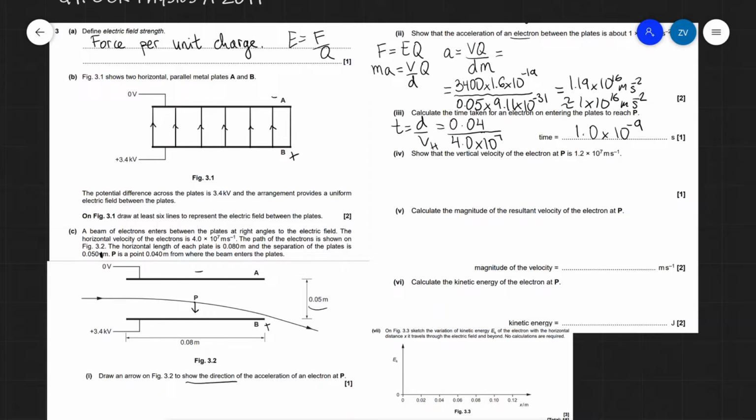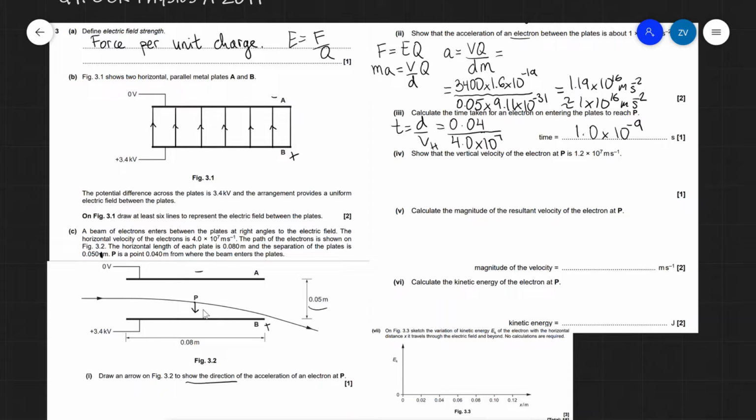Okay, for part 4, we need to show that the vertical velocity of the electron at point P is about 1.2 times 10 to the power of 7 meters per second. Vertically, this electron at P will be accelerating because it is experiencing a force which is going downwards. So we can no longer just use distance is equal to speed times time.